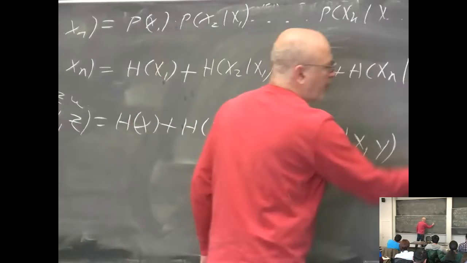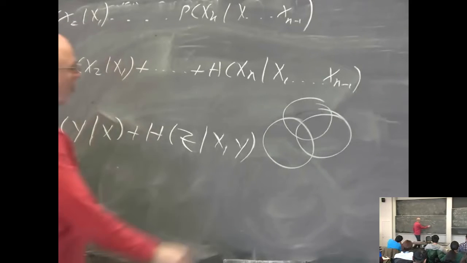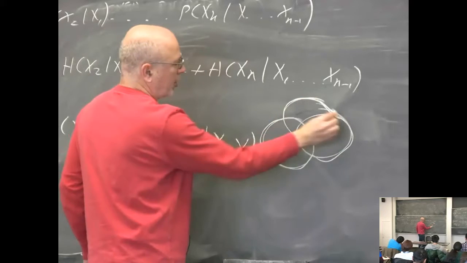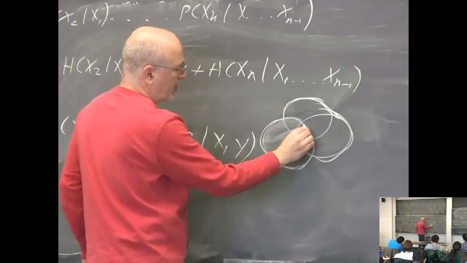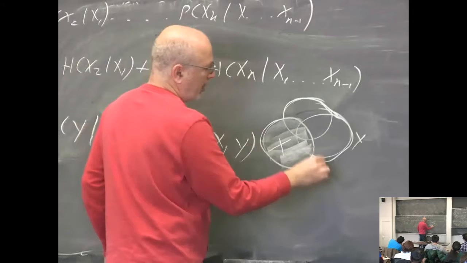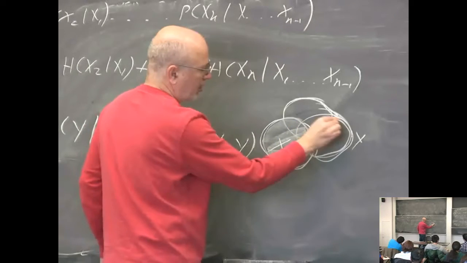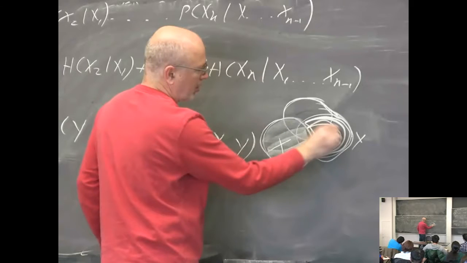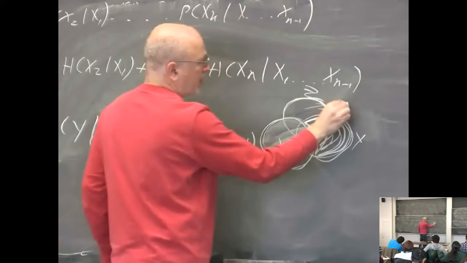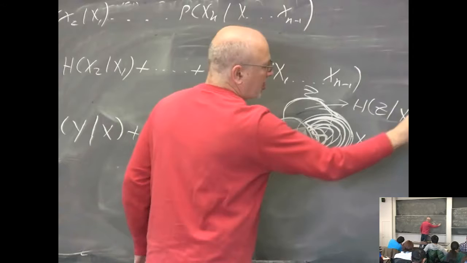And you can see it from the picture. H of all three is this union, and it can be calculated as first this one, this is x, and then if this is y, H of y conditioned on x, so it's this part, and then this is z, this part is H of z after you took a bite of both x and y.